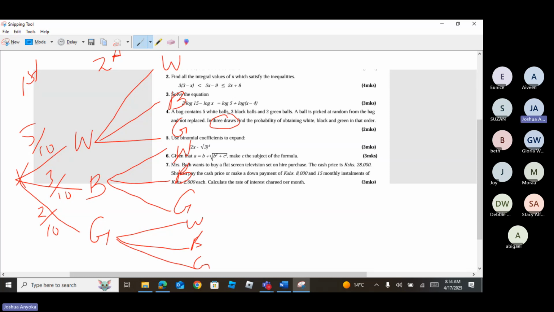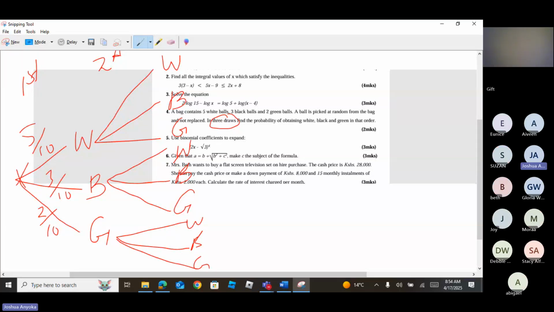For the third time, we are still choosing white, black, green. Can you see it is very chaotic?